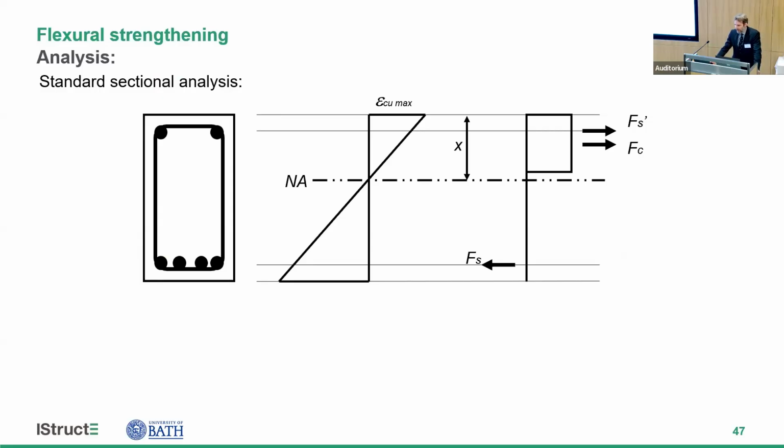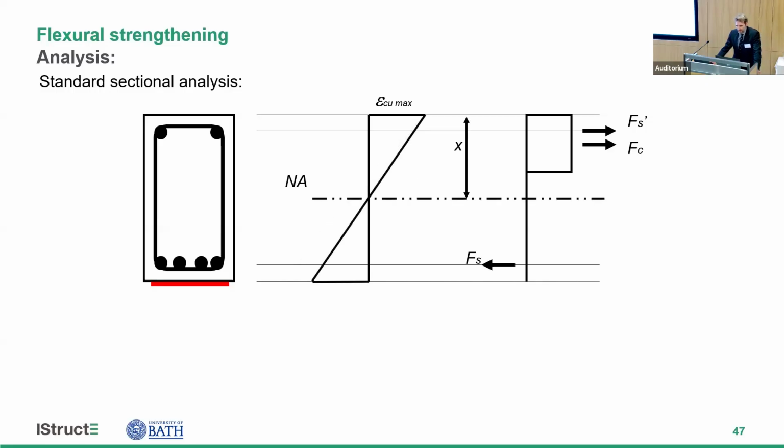So we've got our compression forces in the top of the beam that are in equilibrium with our tension forces in the bottom of the beam from our steel. If we add FRP, then we're going to get an additional tension force, and that's obviously got to be balanced by some extra force in the compression zone. We can only really get that by increasing the depth of the neutral axis and increasing the amount of concrete that's in compression.